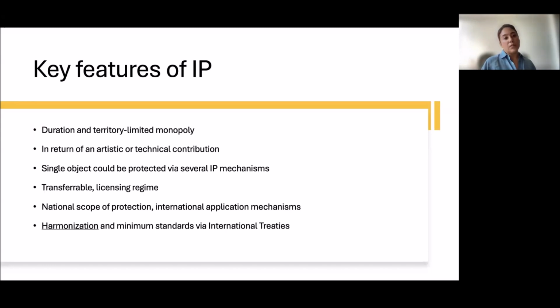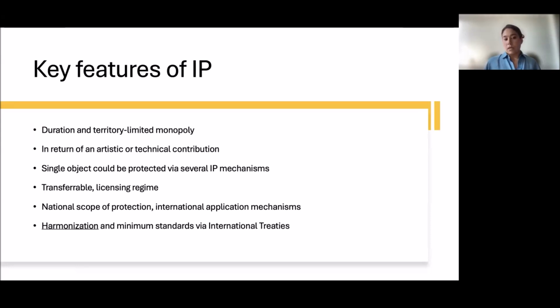And Hamish yesterday talked about the theoretical foundations of IP. It's given by the public to the creator of the artistic or technical work because of the contribution.